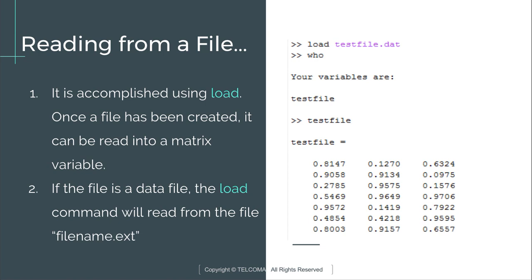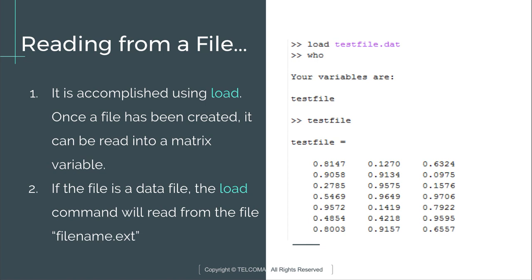So I can get the variables by writing the who command. Like I have written who. This will show that your variable is testfile, because my file name is testfile, and when I write testfile, this will show me the entire elements, or we can say values, that I have already stored in my data file.